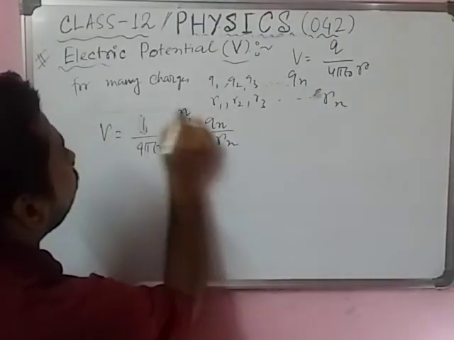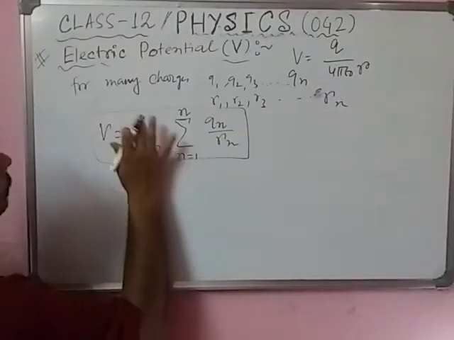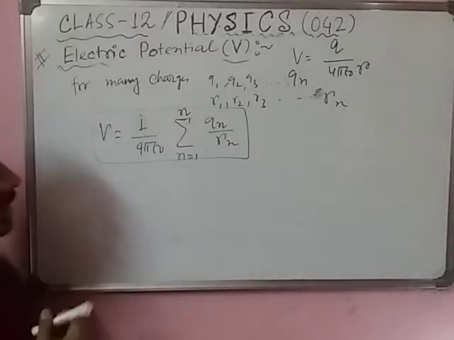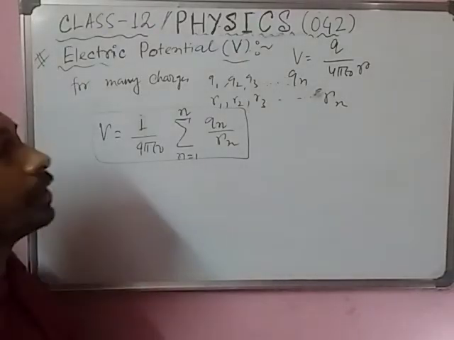That's all. This is for N charges. So for many charges we can write electric potential V equal to this.